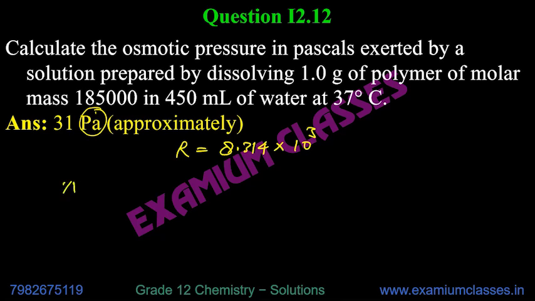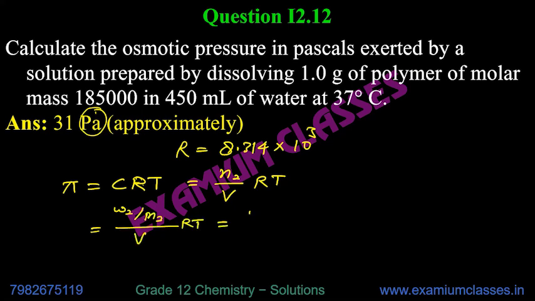So pi is CRT. Means C is number of moles of solute divided by volume of solution RT. Number of moles of solute is nothing but W2 by M2 divided by V RT. That is W2 RT divided by M2 V. Yes, Ashi.